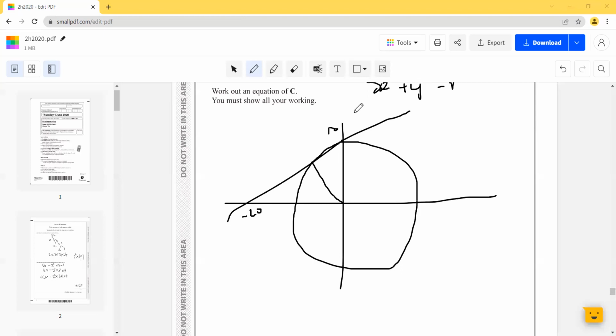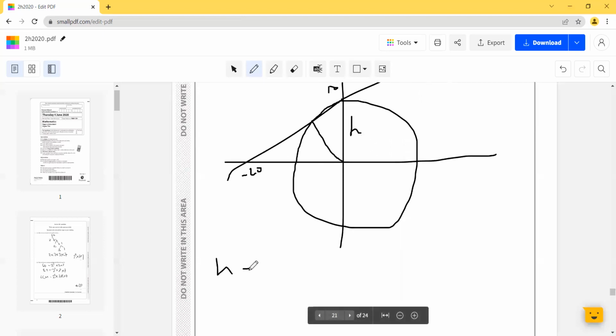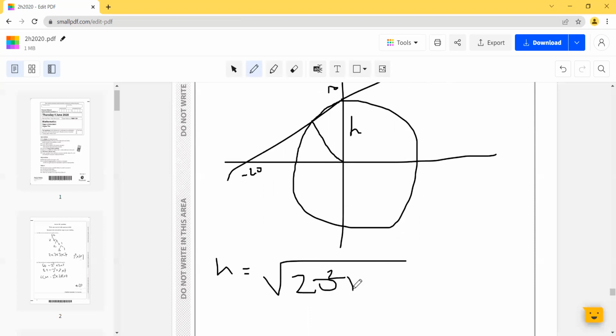If I look at the coordinates, I can figure out this height. H is the square root of 20 squared plus 10 squared, which is the square root of 500, which is 10 root 5.